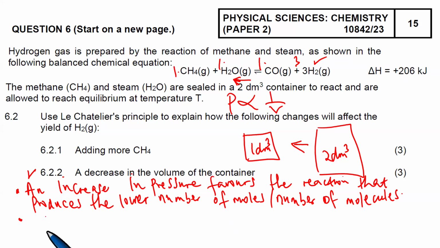Next, because now the lower number of moles are in the reactants on the left of the chemical equation, it means the reverse reaction is favored.